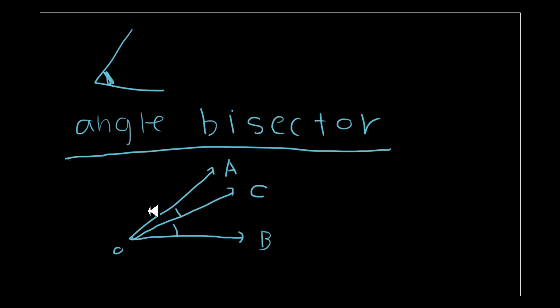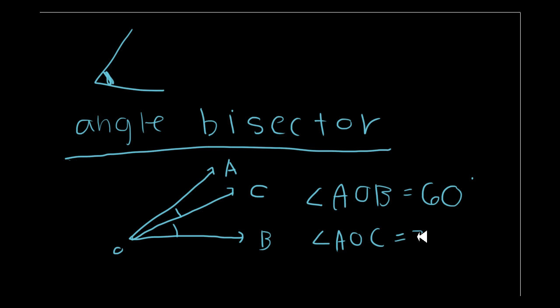Before, for example, this entire angle AOB equals 60 degrees. Now, when C pops up, it evenly splits the angle, so AOC equals 30 degrees. Get it? So it evenly splits it. So it's also COB.